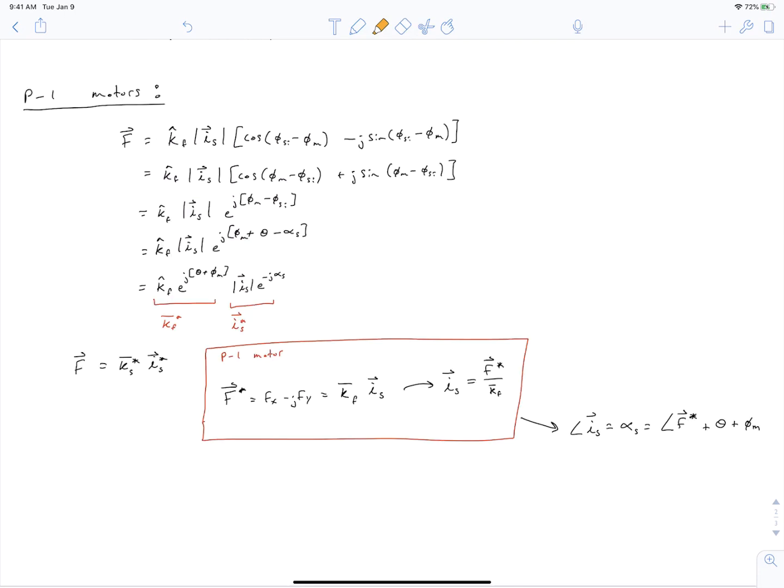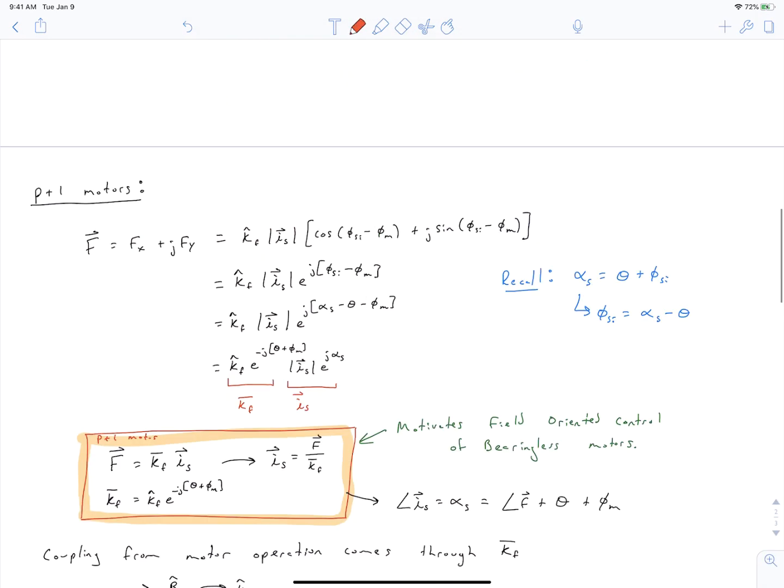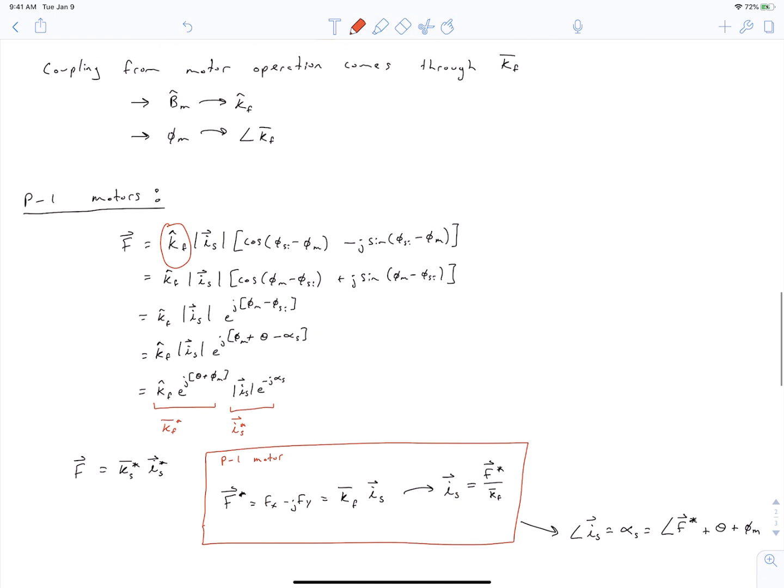And the final thing I want to point out to you is that not only does your angle change when you're calculating your p-1 currents, but your magnitude changes as well. Because remember, this term right here, if we go back to this expression, has a plus or minus 1 by r. And we can see from that expression that this is always going to be smaller in the p-1 motor case.